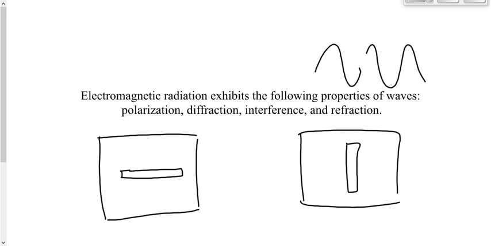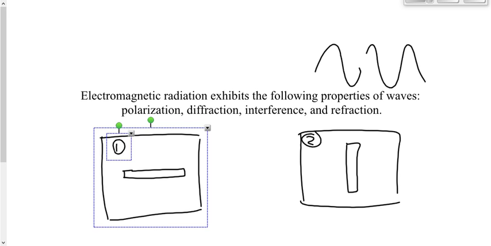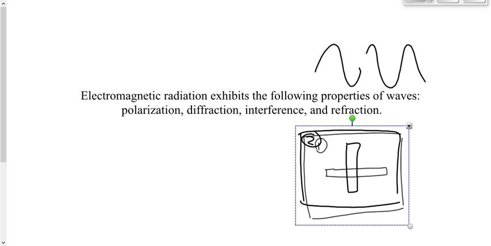what if I took polarizing filter 1 and put it right on top of polarizing filter 2. What would happen then? Nothing would go through, right? It's completely 100% polarized.